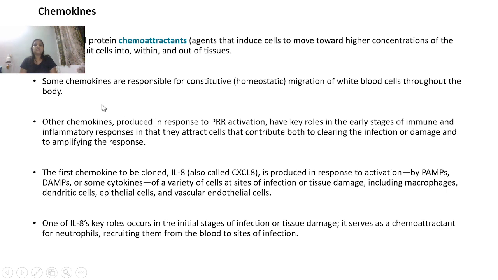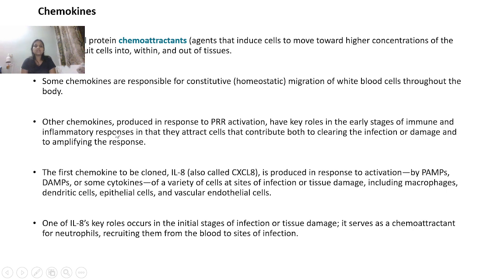Some chemokines are responsible for constitutive migration of white blood cells throughout the body. As I told, the first cells to come to the site of infection are the neutrophils. Whenever there is any breach or pathogen coming, neutrophils come first. So these chemokines are secreted from that site, and they will help in the migration of these neutrophils to that site.